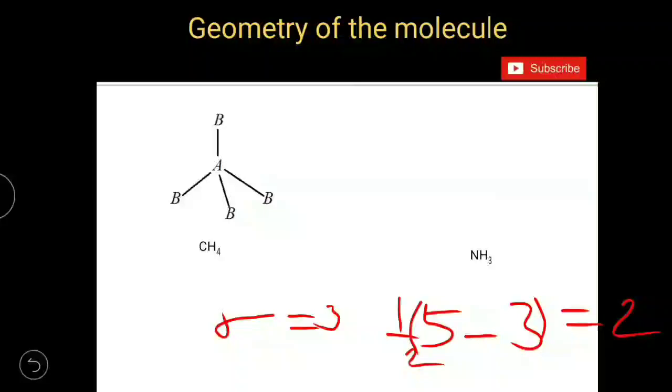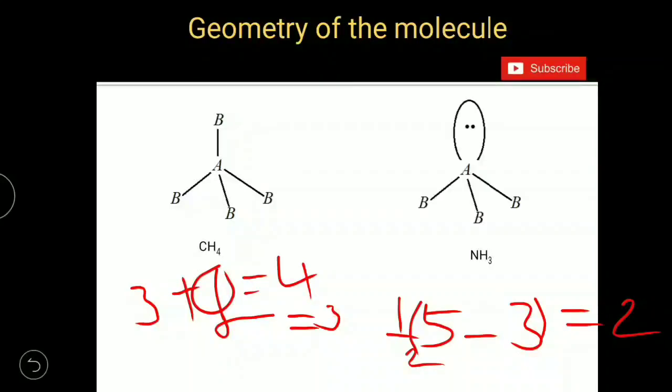So sigma bonds 3 plus 1 lone pair, which is equal to 4. Steric number equal to 4. So it should be tetrahedral shape, but because of 1 lone pair of electrons, the shape of the ammonia molecule is pyramidal. Instead of 1 bond here, you got a lone pair. So that's the reason the shape of the ammonia molecule is distorted to pyramidal.